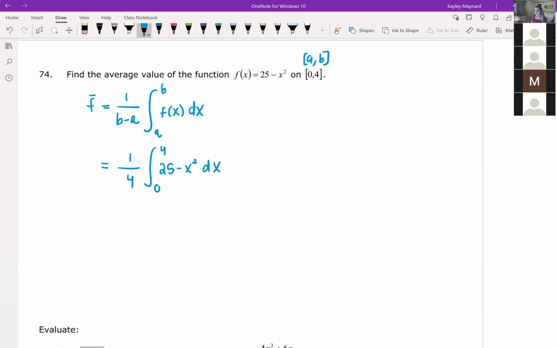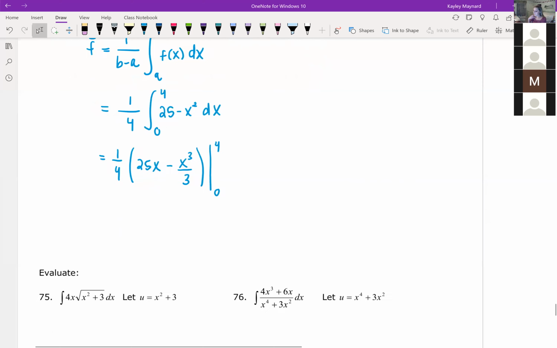So now we need to actually integrate this. This is equal to 1/4 times, and to integrate 25, it becomes 25x. Integrate x squared, you add 1 to the exponent, so it becomes x cubed, and then you divide by 3. So minus x cubed over 3. And then we just need to go ahead and evaluate it from 0 to 4.